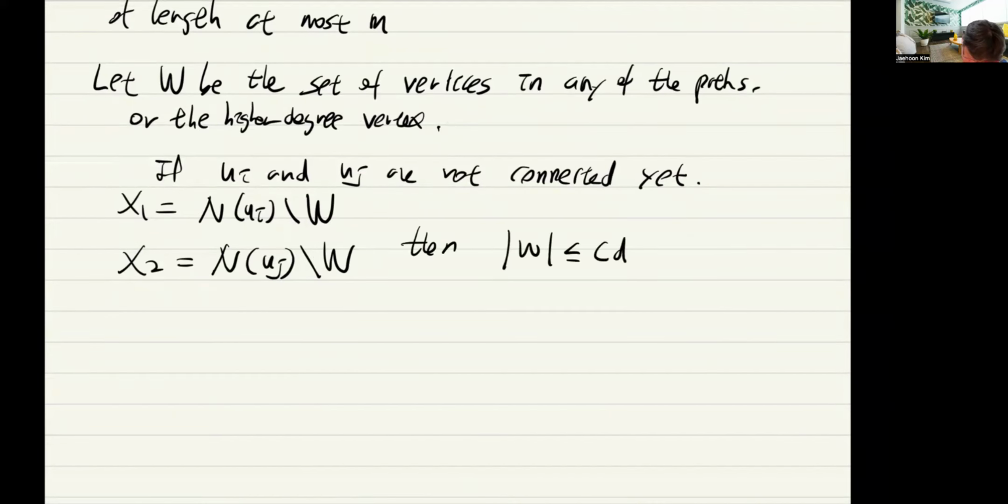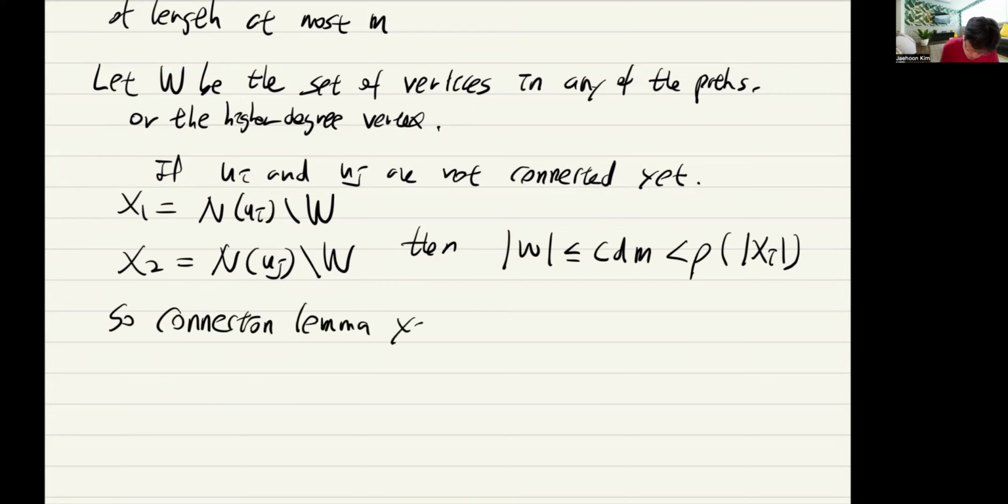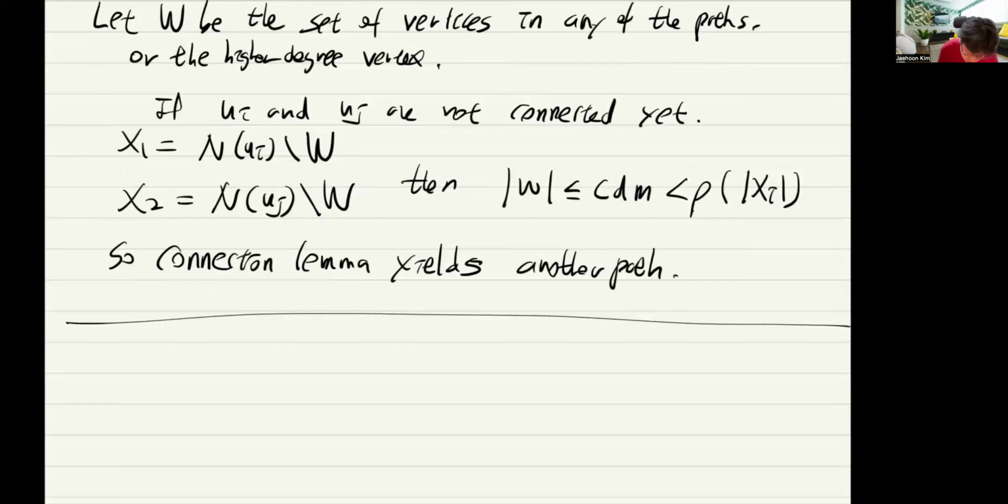W has size at most this, which is smaller than rho of xi. So the connection lemma gives another path. And you keep repeating this until you get the desired copy of the subdivision. So that's enough.